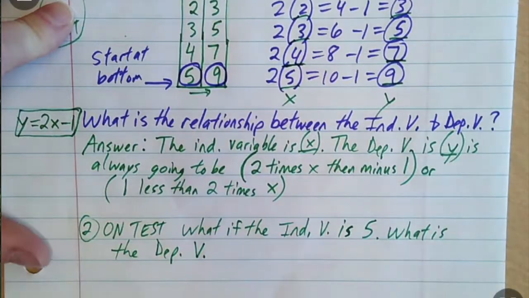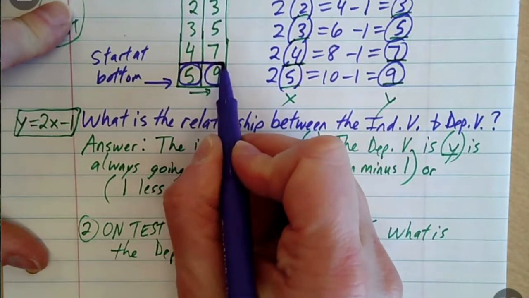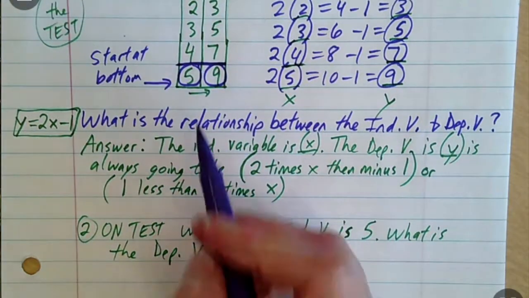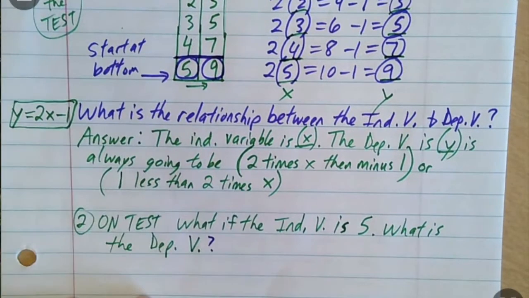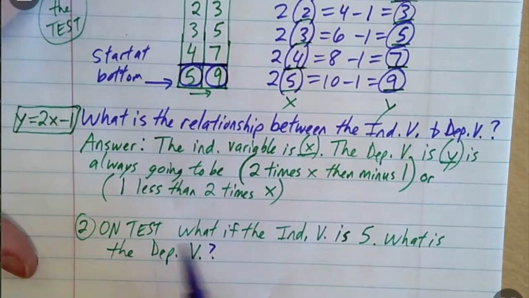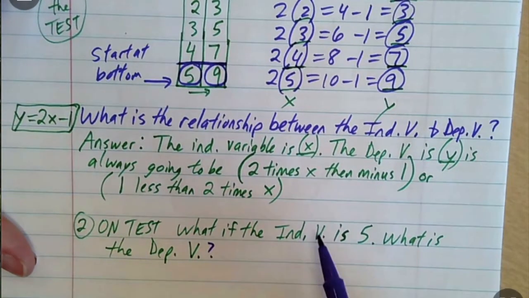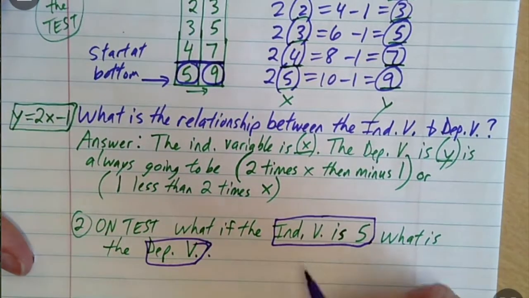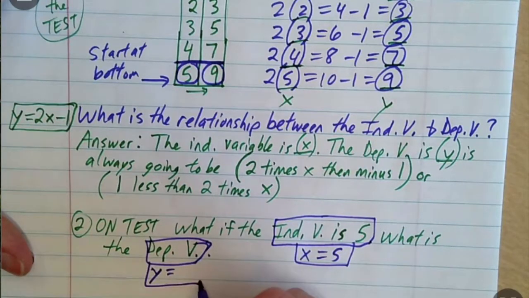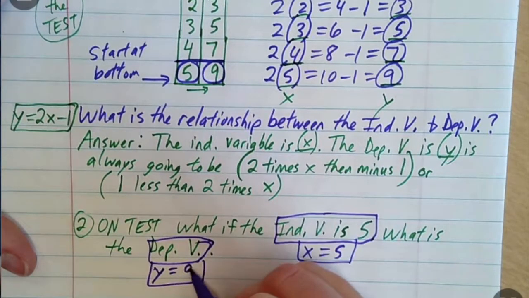And so what I would have had to have done is I was supposed to stop the table and then add a line on here. What is the dependent variable? That's my question here. So you have to know, notice I never say x or y. You have to know independent variable is 5. What's the dependent variable? In other words, we have to know if x equals 5, then what is y going to equal? And we solved that up here. We said it was 9.